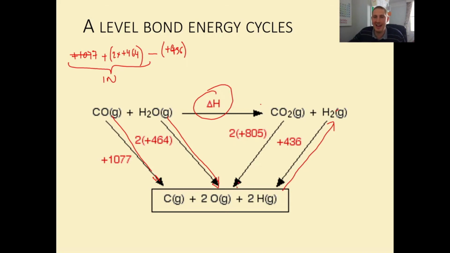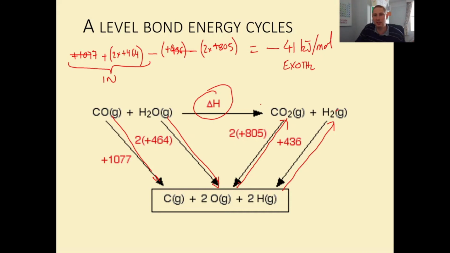And we are going against this arrow as we put 2 carbon dioxide bonds back together. So again, minus 2 times plus 805. And if you do the maths there, you will hopefully, unless I've done my maths wrong, end up with minus 41 kilojoules per mole. In other words, this is slightly exothermic. Energy in minus energy out.